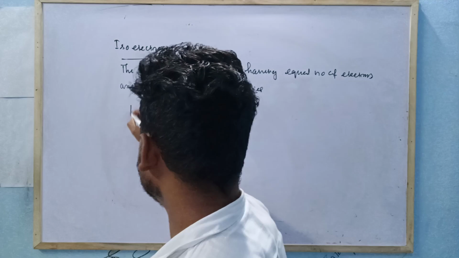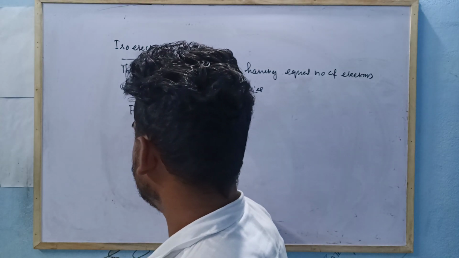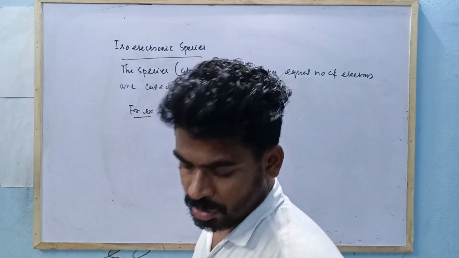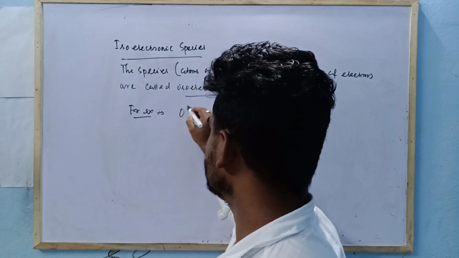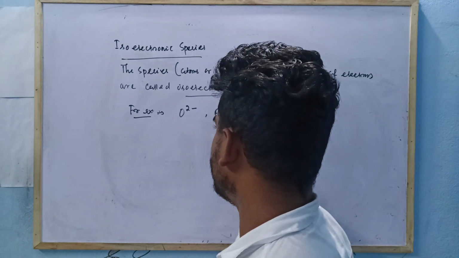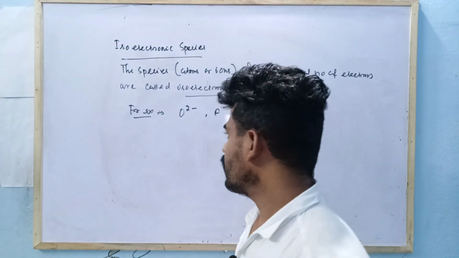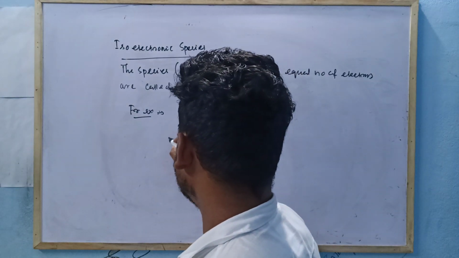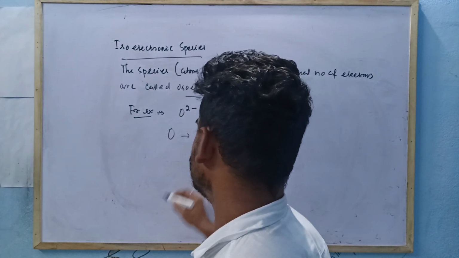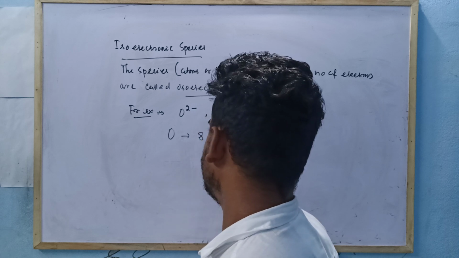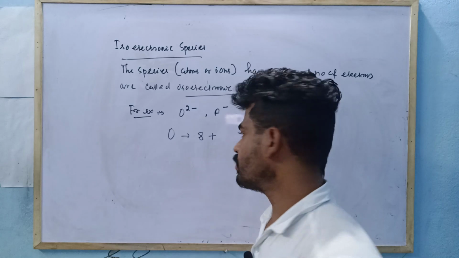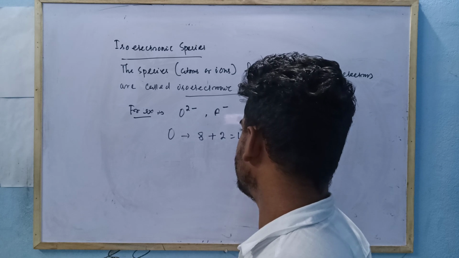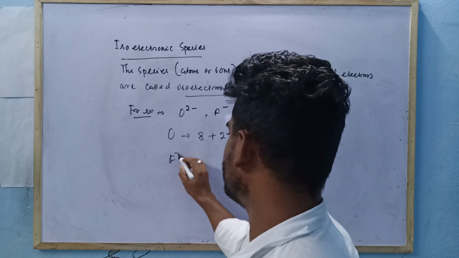For example, very simple. If I consider here O2 minus and F minus, you see, oxygen has how many electrons? Normal oxygen atom, how many electrons? That is 8. Again, this 2 minus, it gains 2 electrons, so that will be 10 electrons. Like that of F minus.